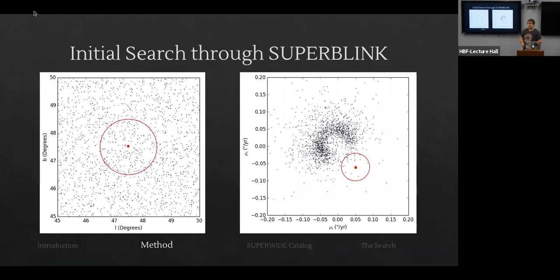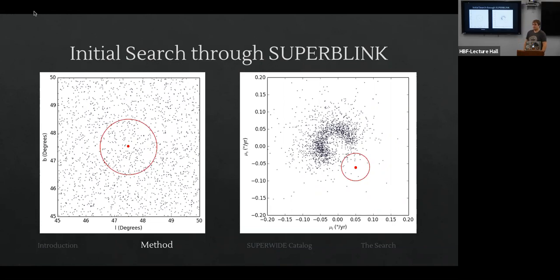What's the proper motion uncertainty? The proper motion uncertainty in Gaia, on the faint end, I believe is 1.2 milliarcseconds. And then as you get brighter, it decreases to, I believe, 0.4.